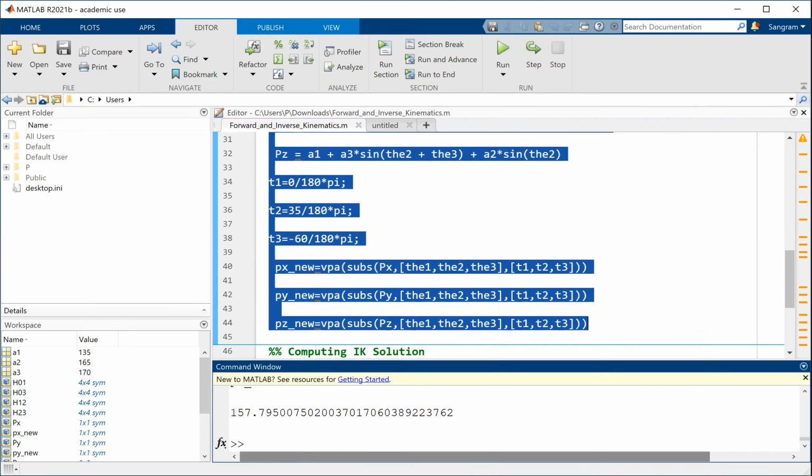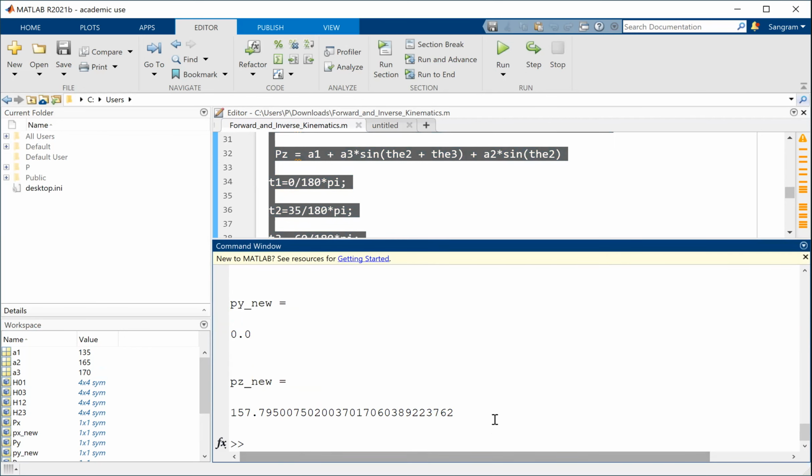All said and done, this generates a forward kinematics solution. And this forward kinematic solution is Px new is 289, Py new is 0, and Pz new is 157.